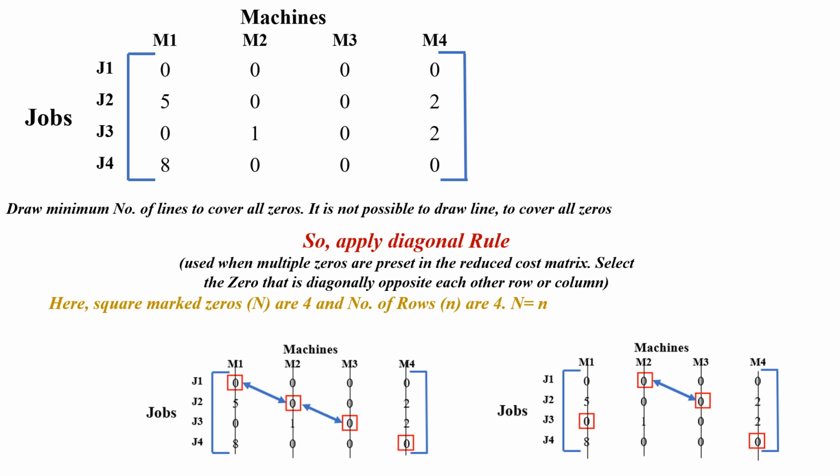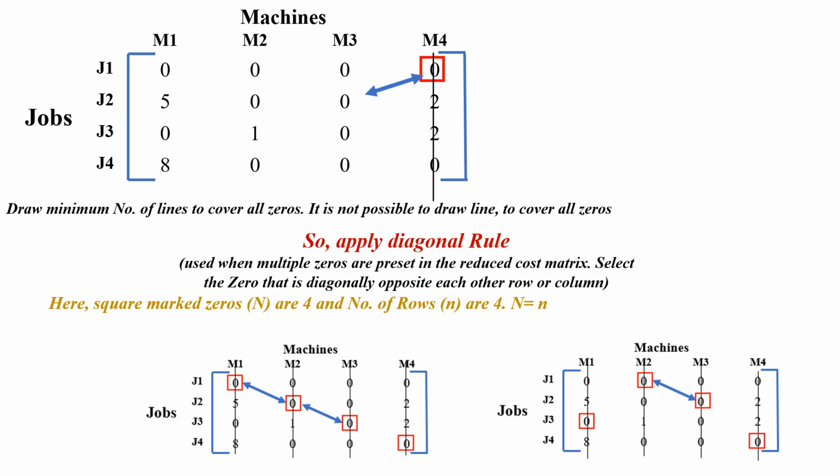Previously we drew the minimum number of lines in two ways. We can draw the minimum number of lines in another way also. By applying the diagonal rule, we can select this 0, which has another 0 in the diagonal position. So select this 0 and draw a vertical line.